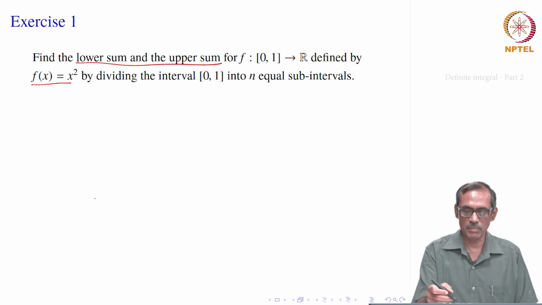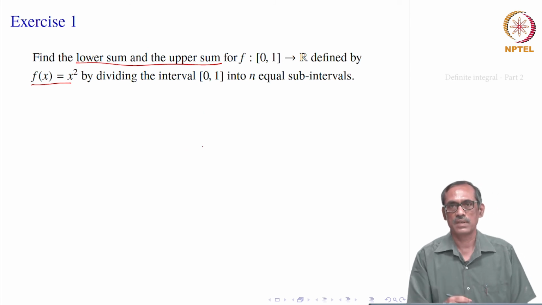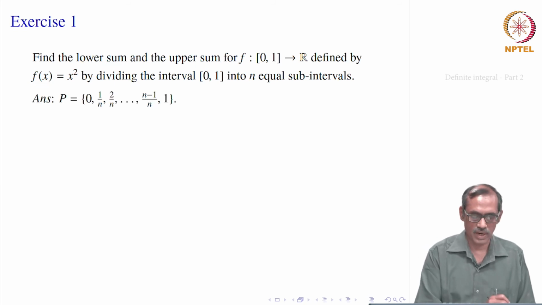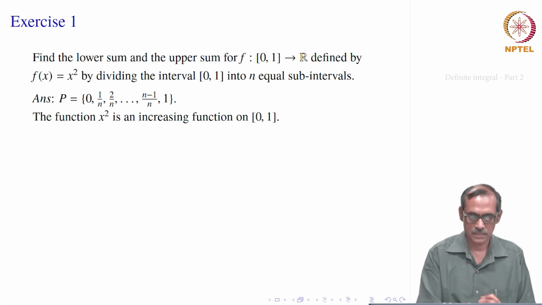So, this is in between our problem of computing the integral. Let us find the lower and upper sums. We have the partition as 0, 1 by n, 2 by n, up to n minus 1 by n and 1 as the last point. The uniform partition, each subinterval has the length 1 by n.